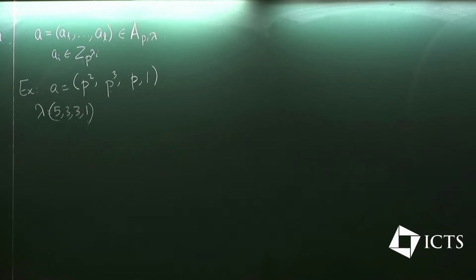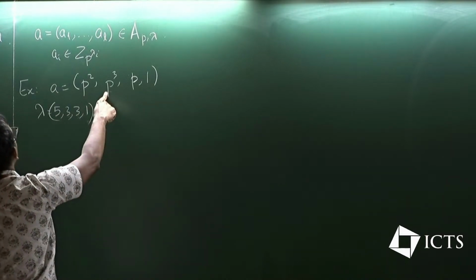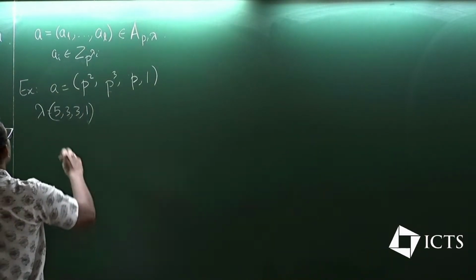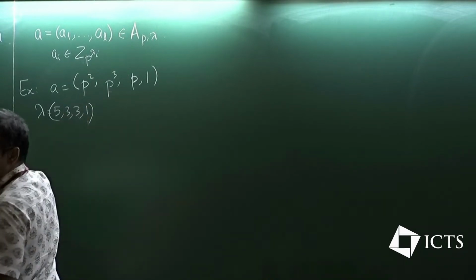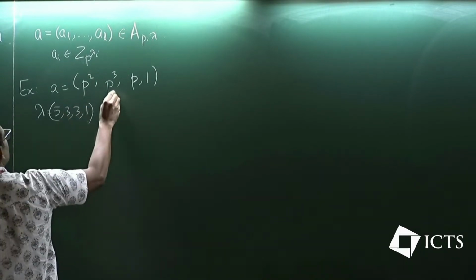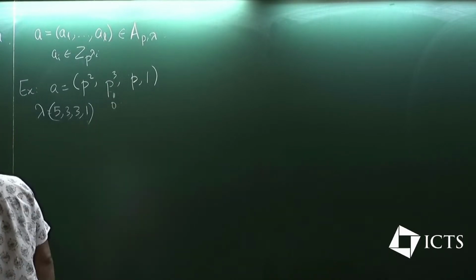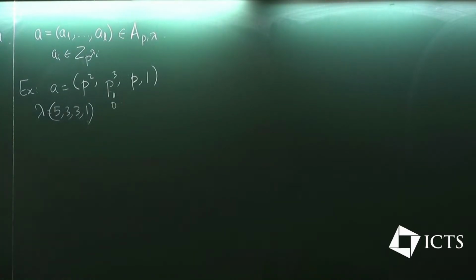And now from this coordinate of that group, I can get all these elements in various cyclic groups and maybe elements in other coordinates of that group. Now this is p cubed in Z mod p cubed, so this point doesn't really live in my poset, so I'm just going to ignore it. This is 0 really. If it were p squared, for example, then I would put it down here. But it's p cubed, so I'll just ignore it completely. And this is p in Z mod p cubed.